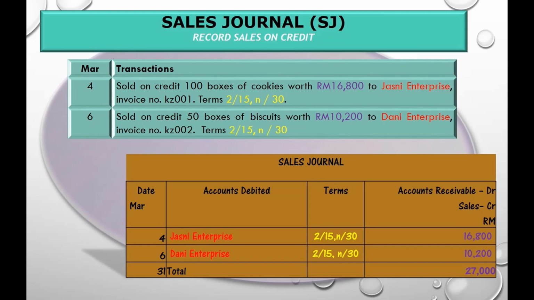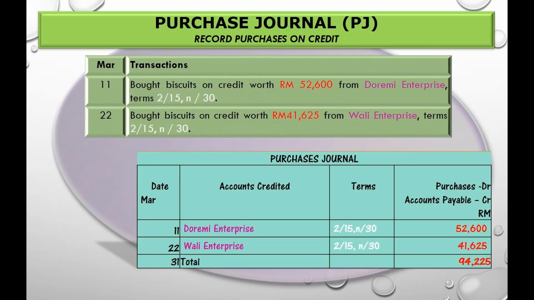Now, fill RM 16,800 in the debit and credit column. Then, we need to total up all transactions and write the last date of the current month, regarding the month given in the question. We use March 31st because the current month is March. Just to remember, the dates must be arranged and don't skip.